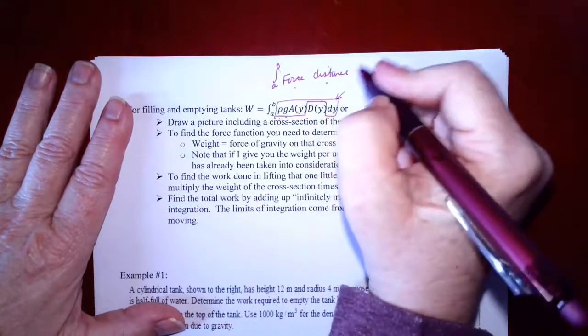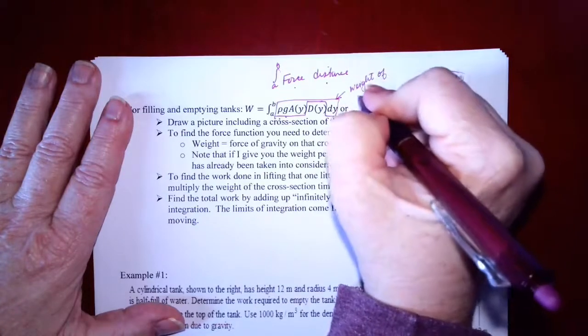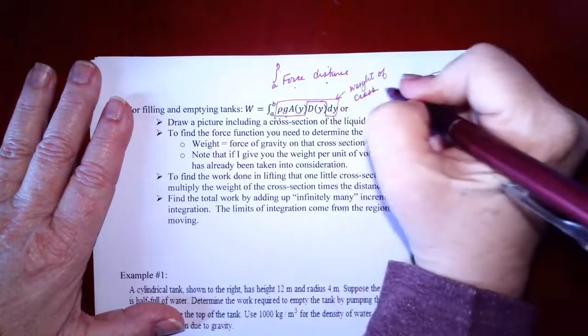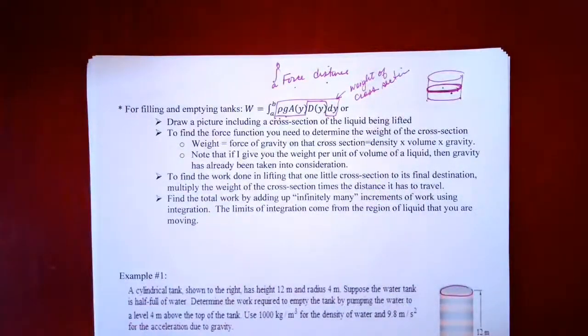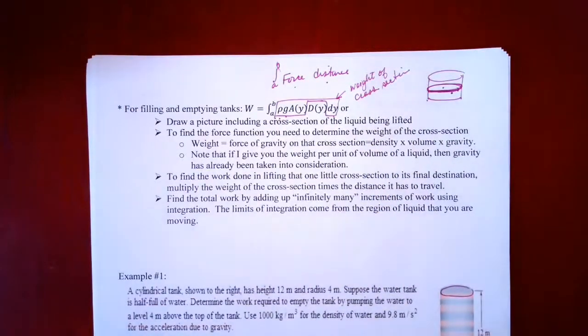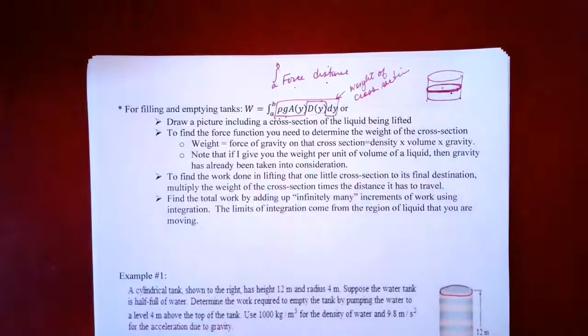What's in that is the weight of that little cross section of liquid. Or in other words, kind of simplified notationally, that's how much force is going to be required to lift that little disc of water. And then this is going to be the distance required to go.